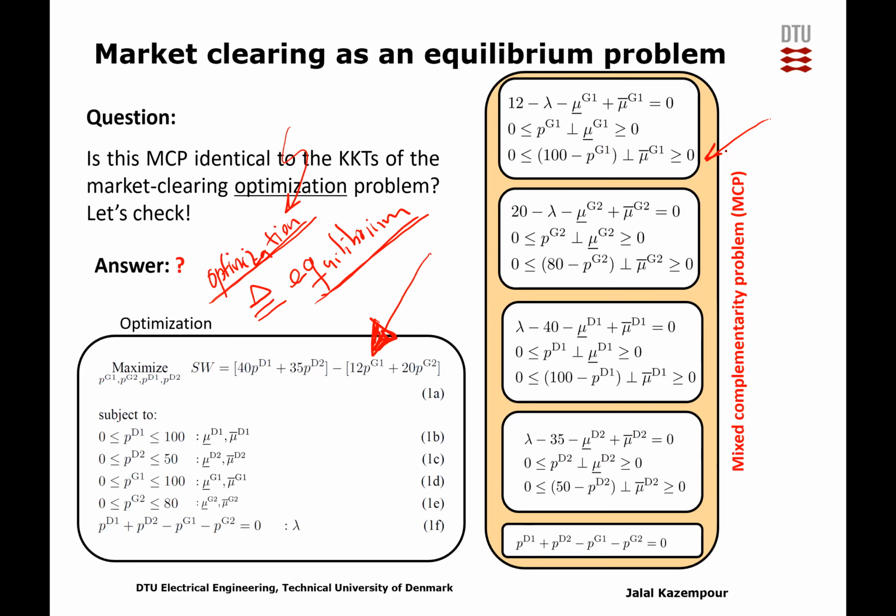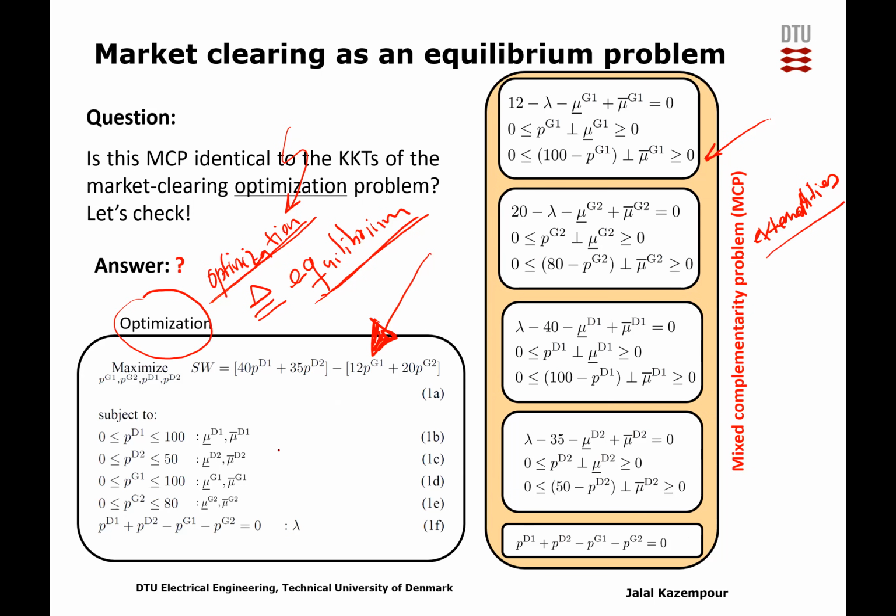But under some conditions, for example, if we have market externalities, such as strategic behavior or subsidies, it can happen that the optimization and equilibrium are not equivalent anymore. Then we say that we have a market failure.